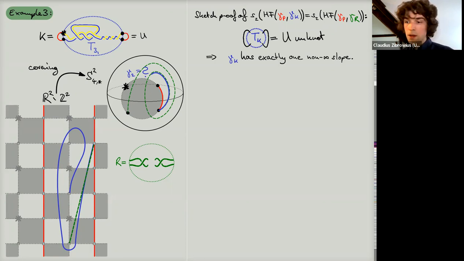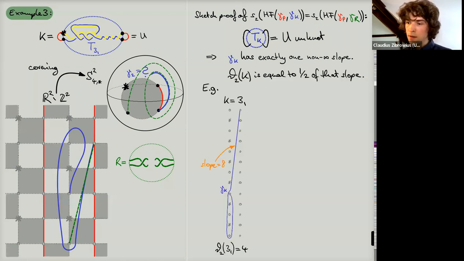This follows from the fact that the companion tangle has this very nice property that it is cap trivial, which in consequence means that this curve has exactly one finite slope. It might have these infinity slopes and do something complicated on this vertical line, but it has exactly this one segment of finite slope, and this theta invariant is precisely half that slope. It's equal to the number of full twists in this rational tangle.